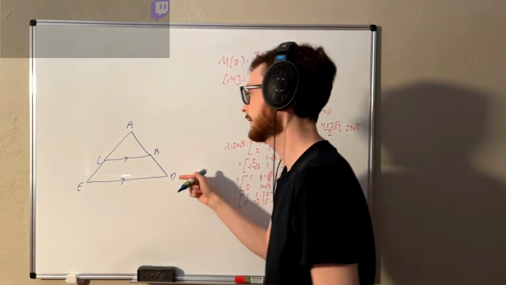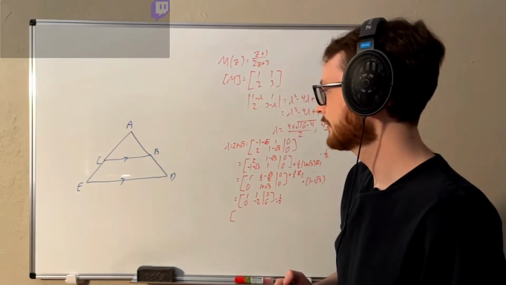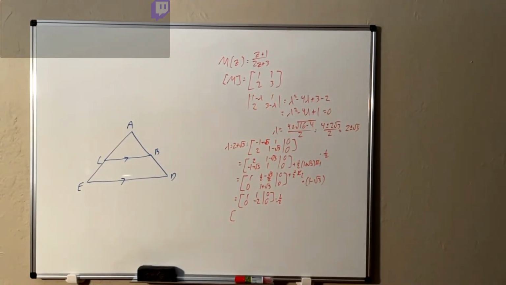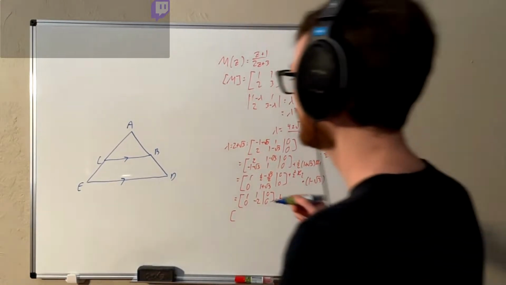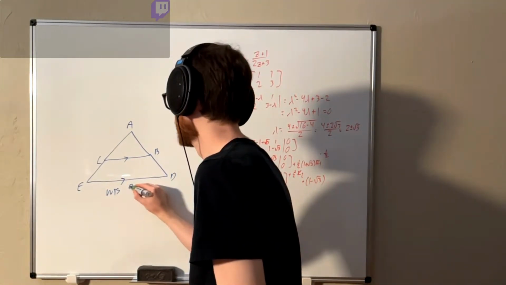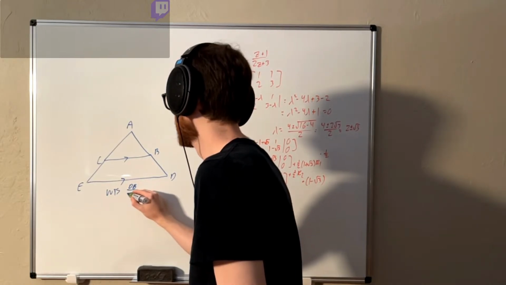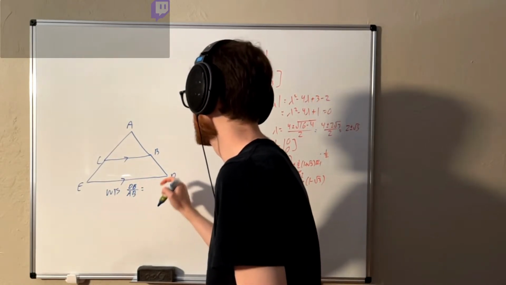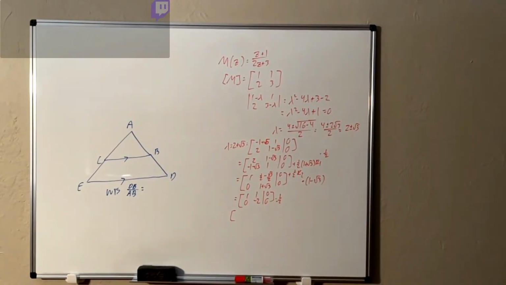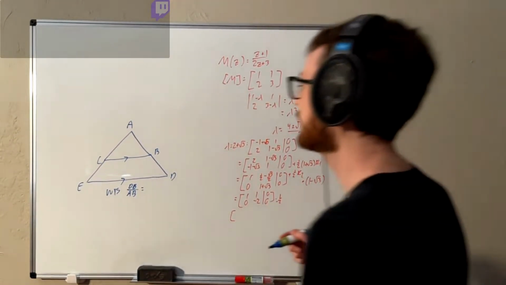So BC is parallel to DE. And we want to show DB over AB is equal to EC over AC.